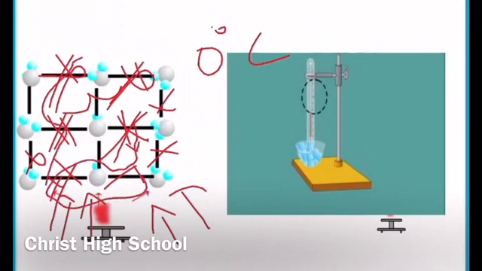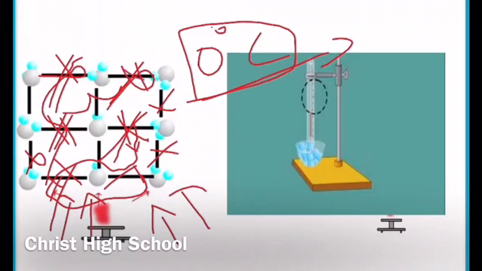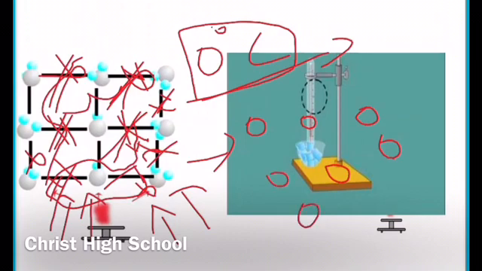So at 0 degrees Celsius, what happens? The heat supplied after 0 degrees Celsius is utilized for breaking the force of attraction between the particles. Slowly the particles break the force of attraction. As a result, the particles separate and start moving. Finally, they reach the liquid state.